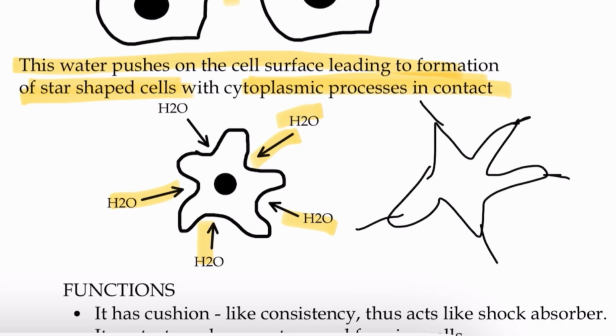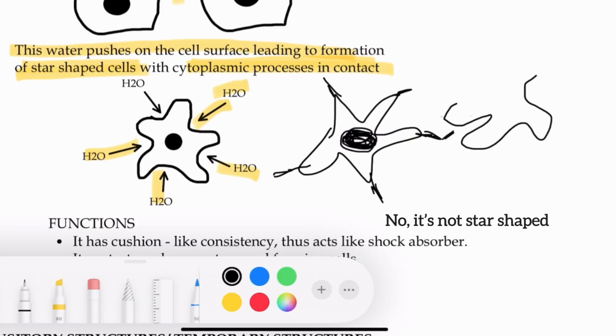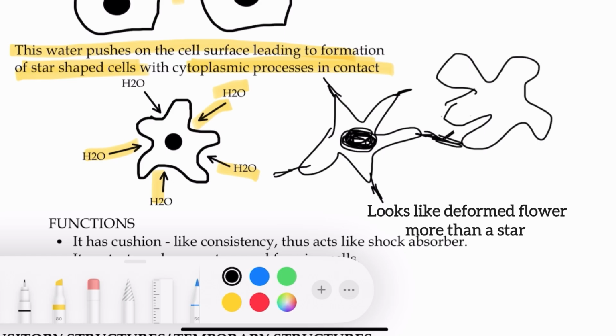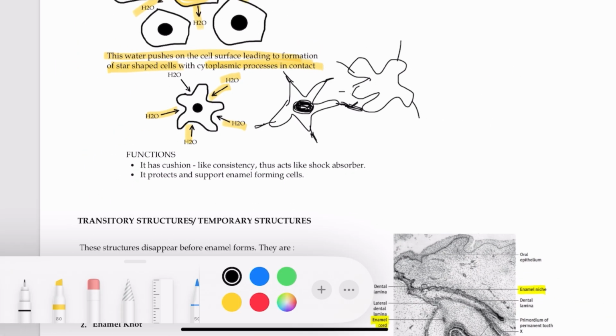And there are cytoplasmic processes over here. This is not how it's supposed to look in your diagrams. It should look much, much better. So yeah, this is the nucleus. Please bear with me. These are the cytoplasmic processes. And this is a star-shaped cell. So these are in contact with the cytoplasmic processes of another cell. Yeah, so these processes are going to be in contact.